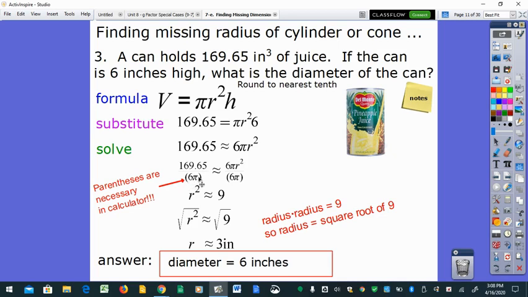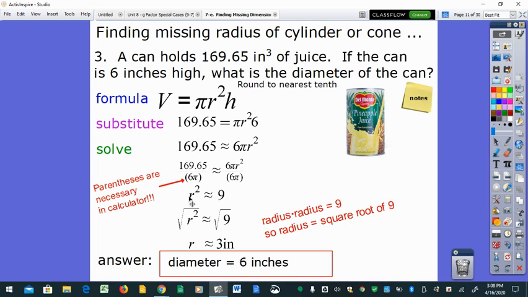Make sure the parentheses are in there. You're dividing by the whole product, so you want to do that first. So 169.65, hit your division button, your parenthesis, 6 times pi, your end parenthesis, and hit equals, and you should be seeing the number 9.